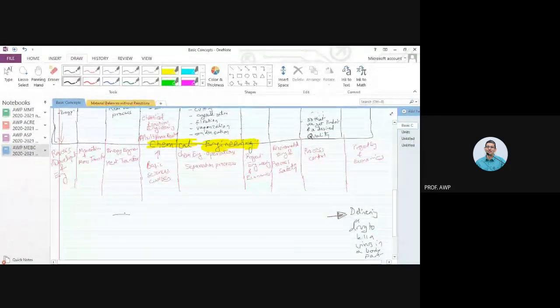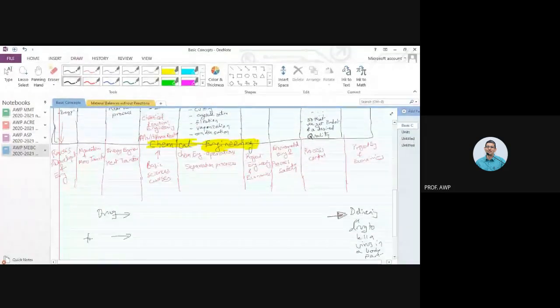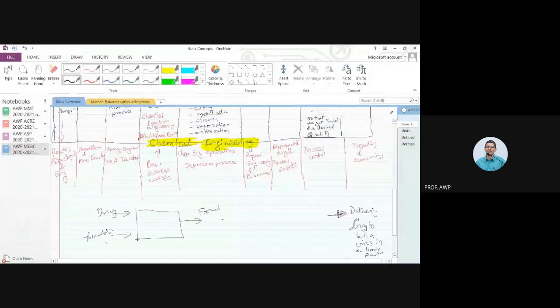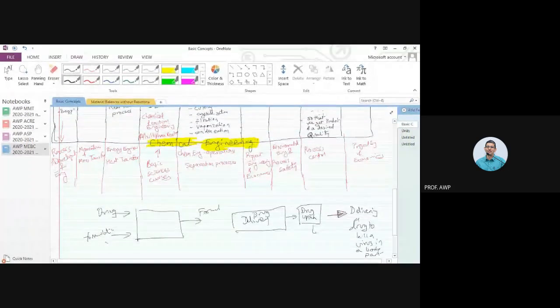So you will have a drug, you will have other things, formulation kind of things. You will make the formulation. That formulation will be delivered into the body. Then the drug will be taken up. Then the virus would be killed.